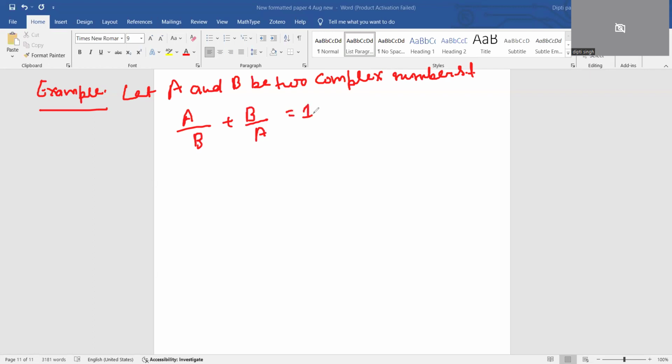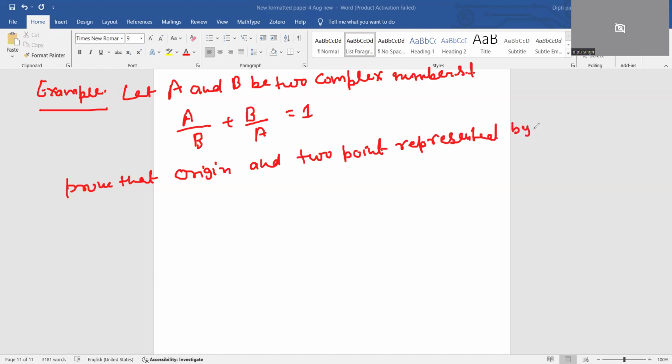Prove that origin and two points represented by A and B form vertices of an equilateral triangle.